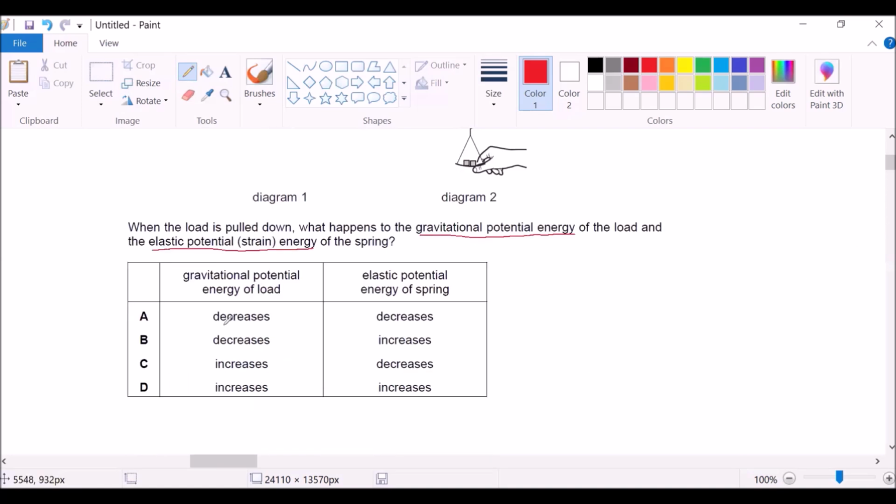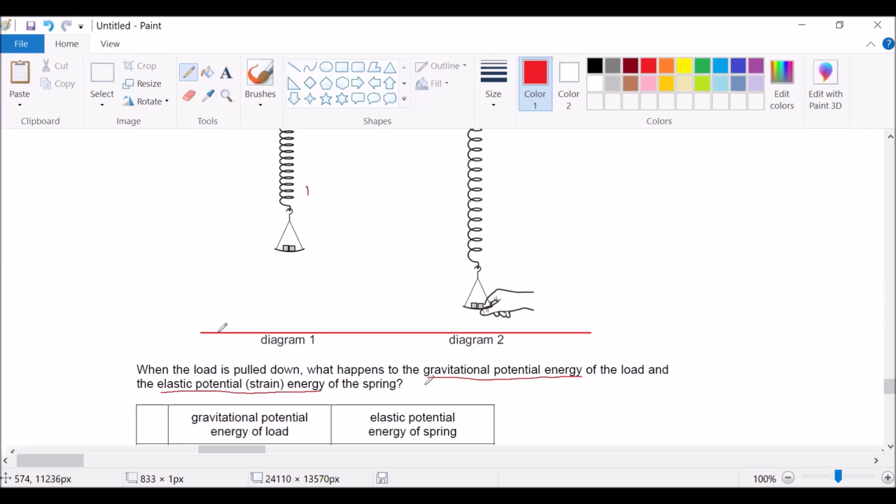Gravitational potential energy will decrease if we consider this red line to be the ground. Before pulling the spring, this height, h1, is greater than this height, h2. Now, gravitational potential energy is equal to mgh, mass times acceleration due to gravity times height.